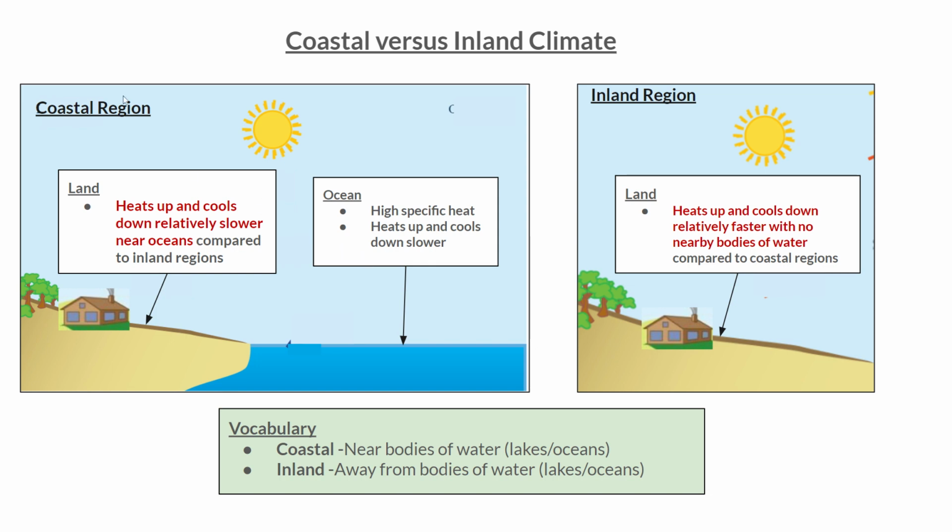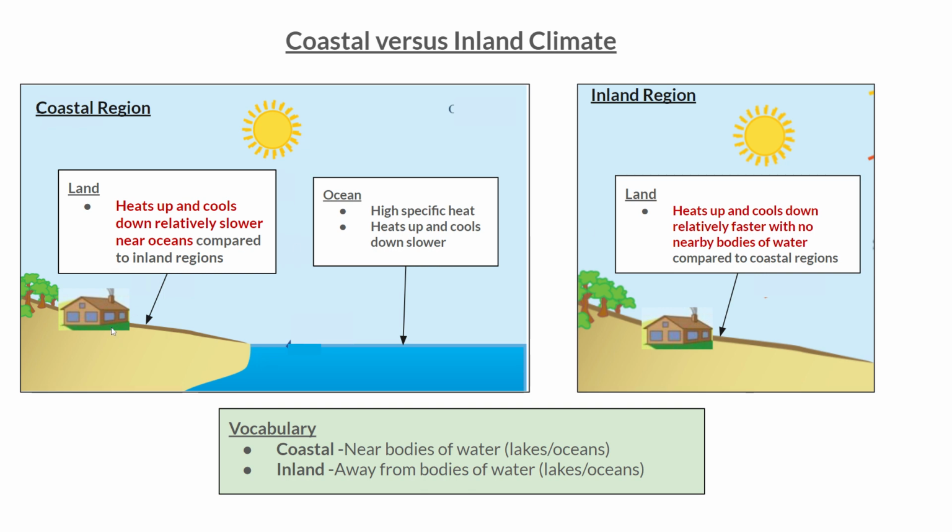But comparing land in a coastal region near water versus land that's not near water, the land near the water will act almost like the water as well. The land will heat up and cool down comparatively slowly when we compare it to land that's not near water.